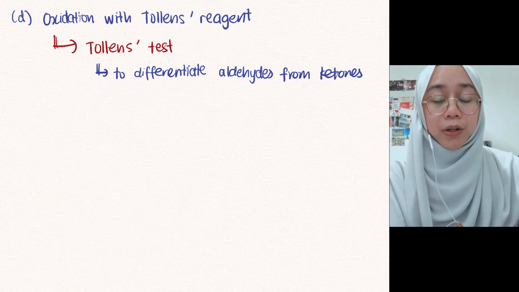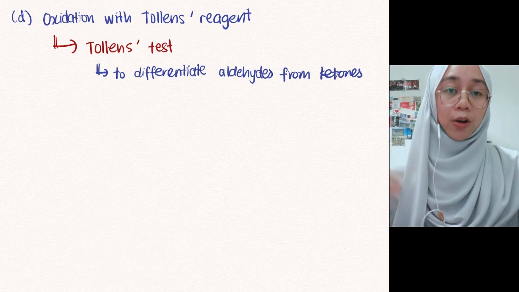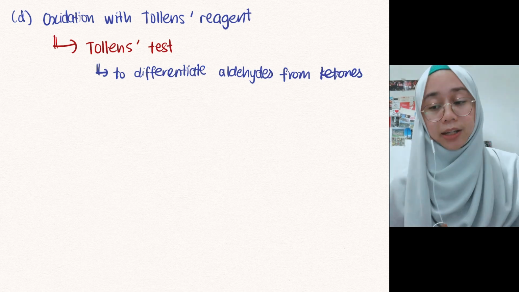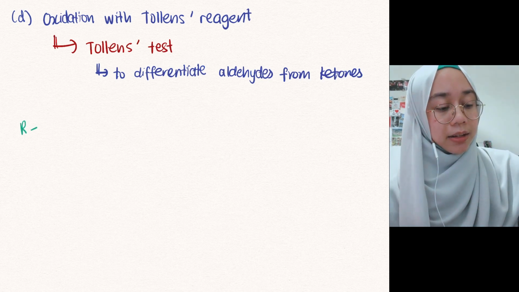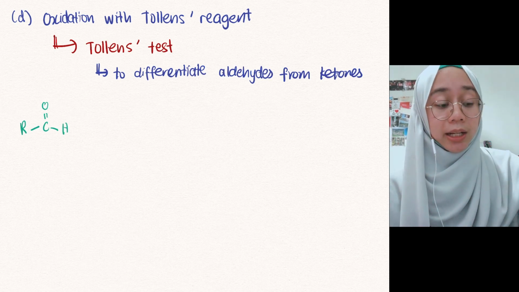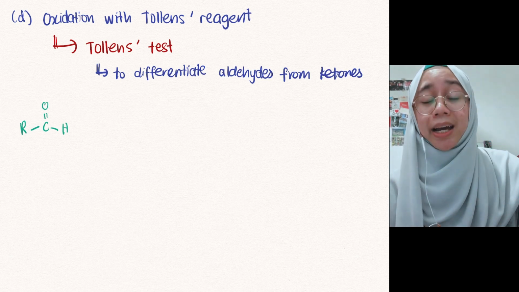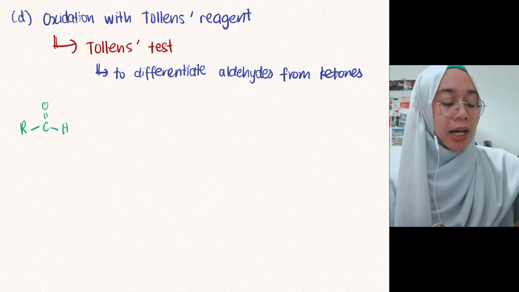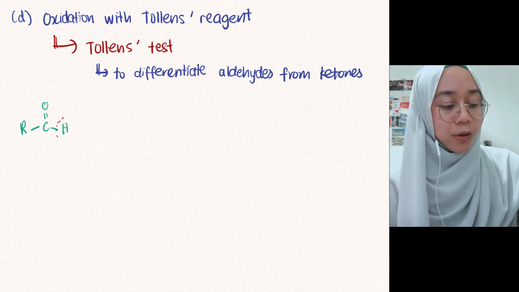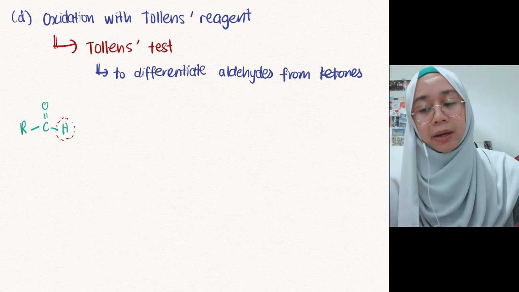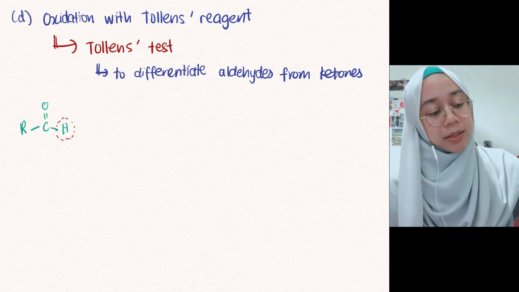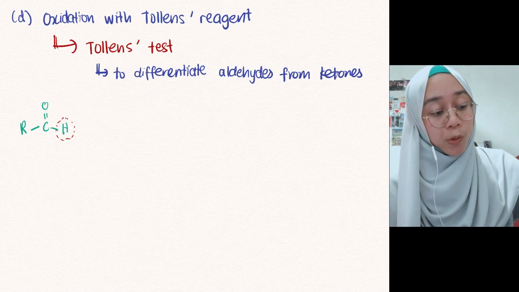Okay, kita tengok dahulu apa yang akan berlaku kepada aldehyde. Aldehyde, as you know, dia akan ada C double bond O, and one of the things yang attach dengan carbonyl group tu perlulah ada at least satu hydrogen. Disebabkan ada hydrogen dekat sini, kamu rasa bolehkah dia undergo oxidation? Yes, boleh.